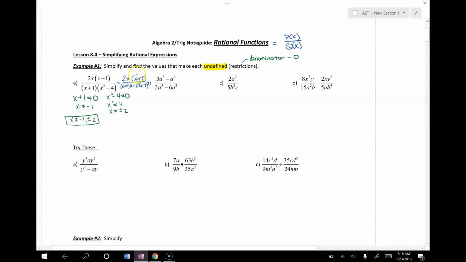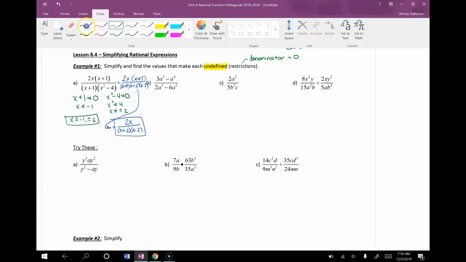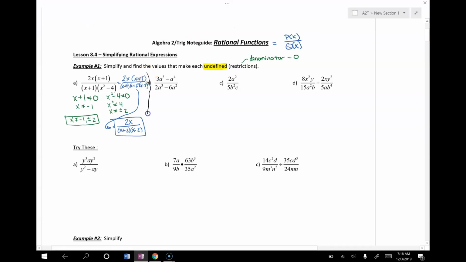I should have done this better with my spacing, sorry guys. So then if I cancel those out, I'm left with 2x in the numerator, followed by x plus 2 over x minus 2, and that is simplified form. So remember, you have to first find the restricted values, and then you can simplify.